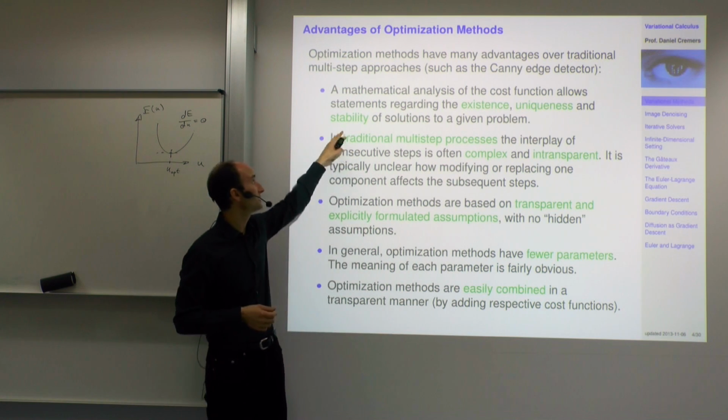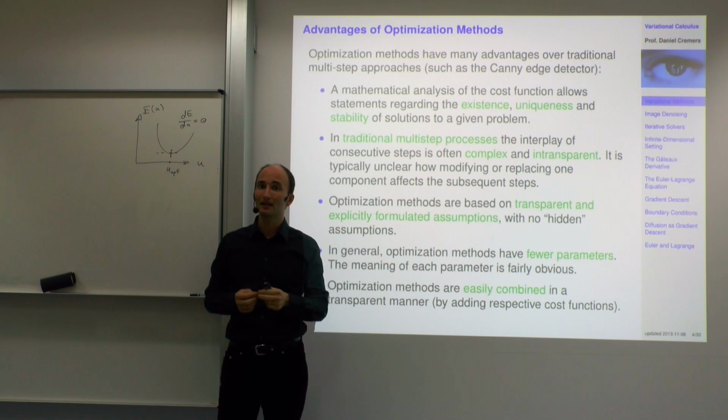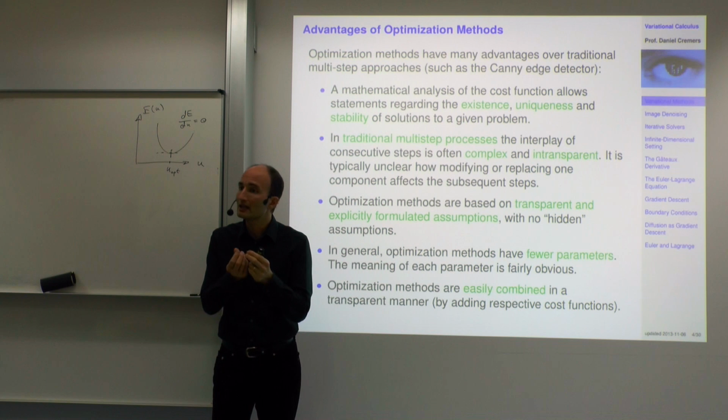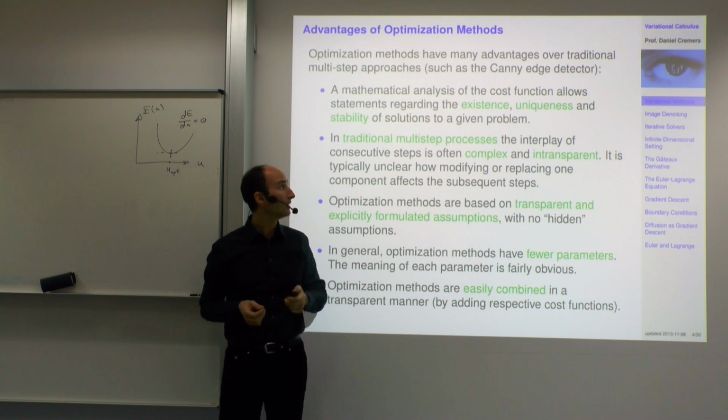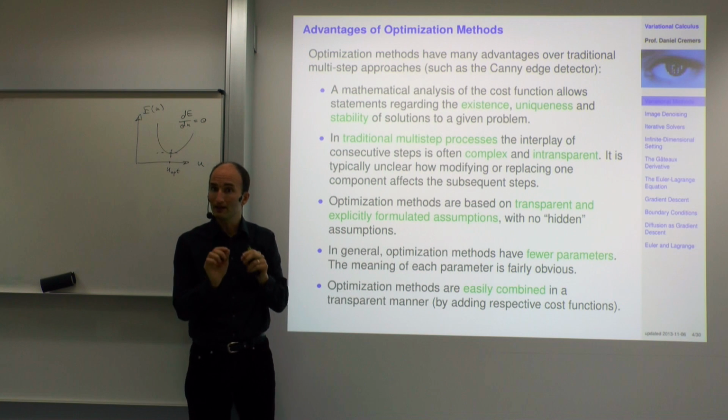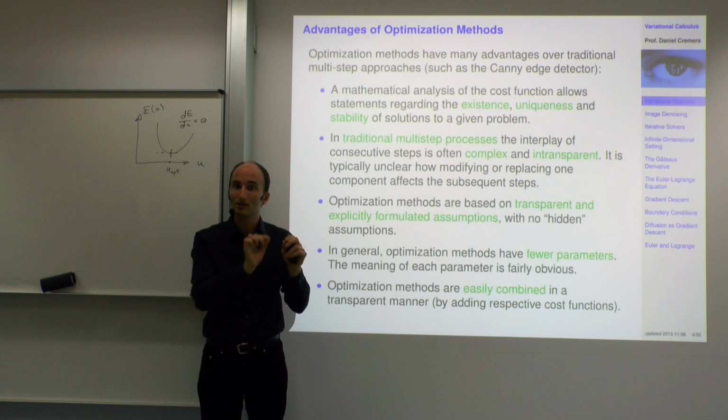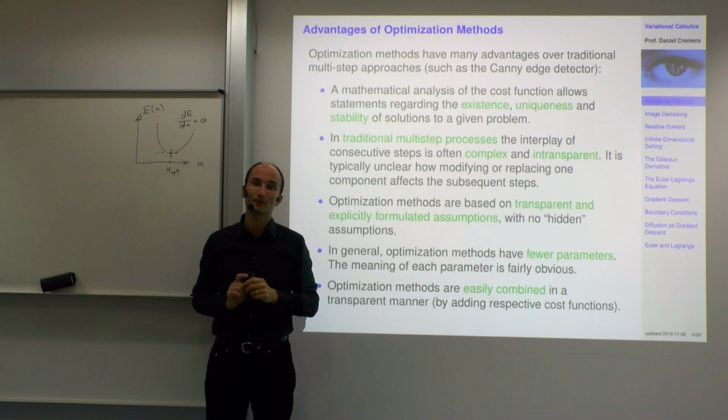So stability is an important aspect. It basically means if I change the initial conditions just a tiny little bit, is the solution going to be preserved? Is it going to change a little bit? Or is it going to change drastically if I just change the brightness of one single pixel, for example?